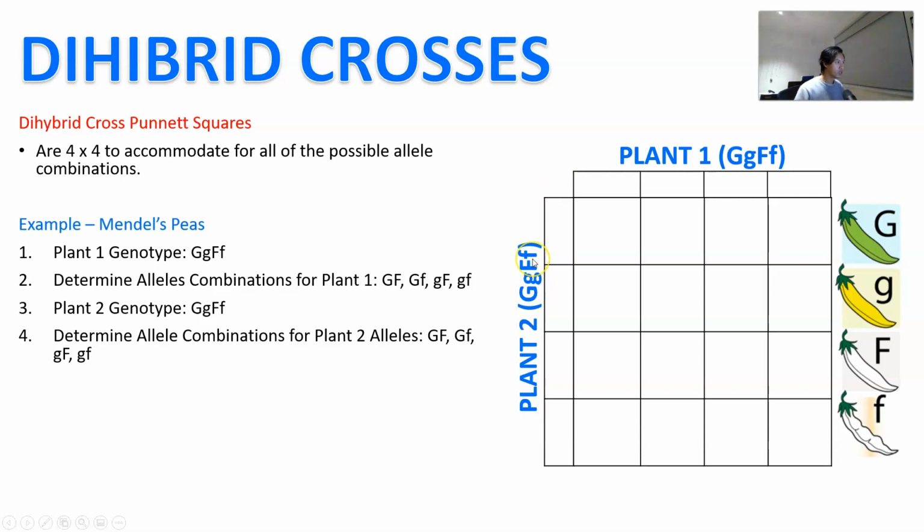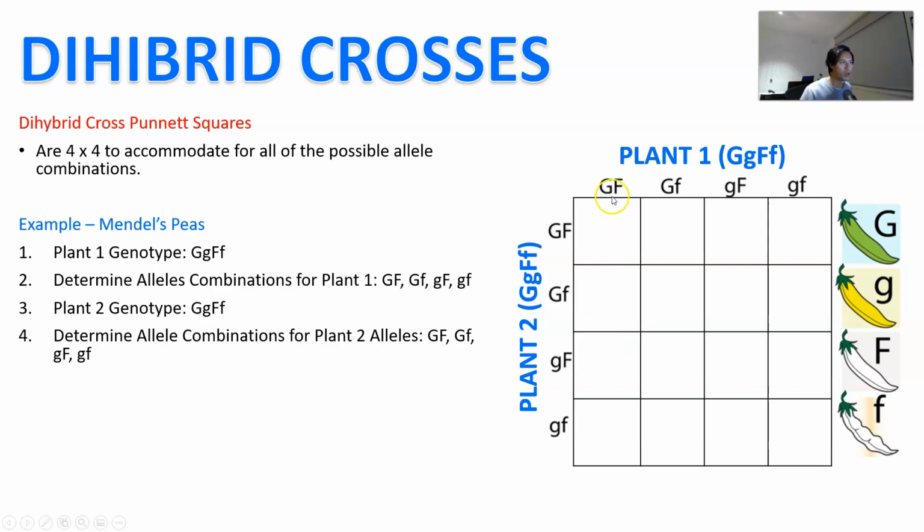So you're going to determine all of the allele combinations for plant 1 and for plant 2. These are all the possible combinations: capital G capital F, capital G lowercase f, lowercase g capital F, lowercase g lowercase f, and you're going to see the same here. So if you map them out, that's what you're going to get.